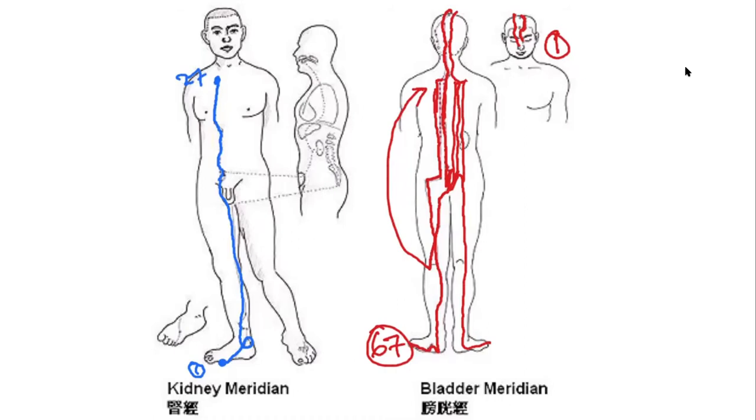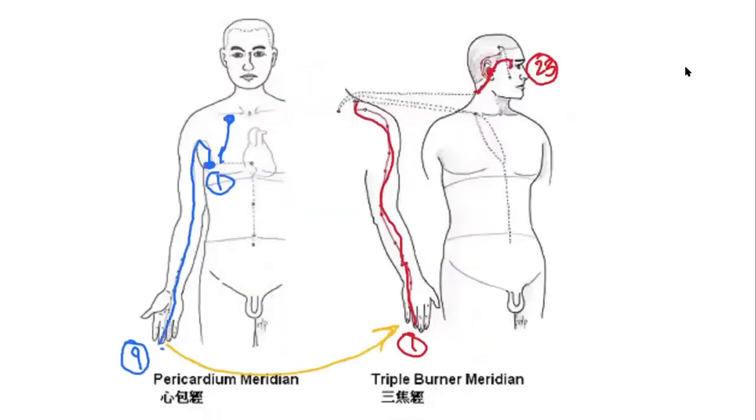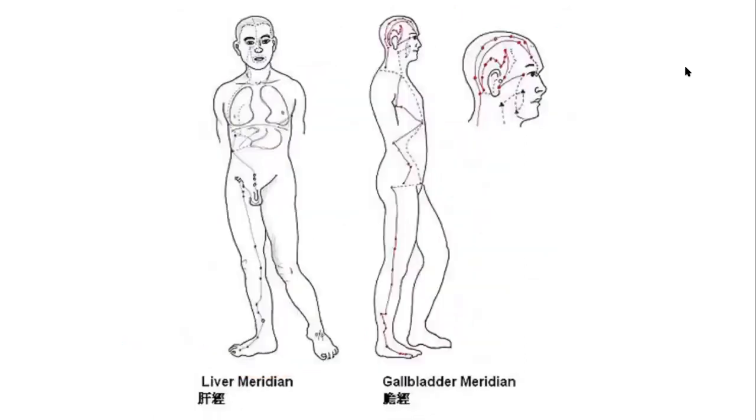I'm just confusing you, but that's how crazy the bladder meridian is. We can talk about all the back shu points and front mu points, which are the corresponding points of each organ. Okay, so where were we? We were at the liver and gallbladder meridian. Those are the last pair.